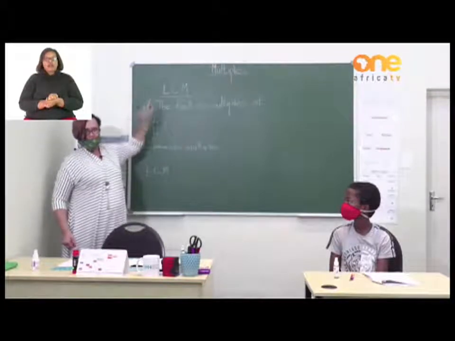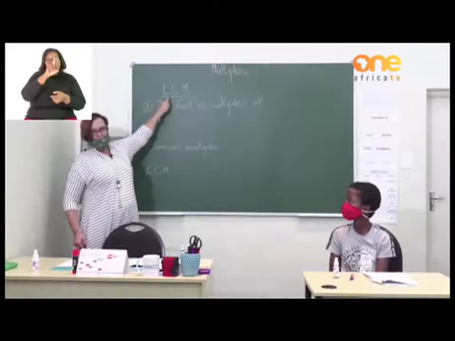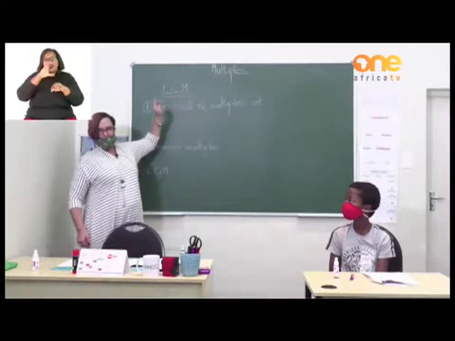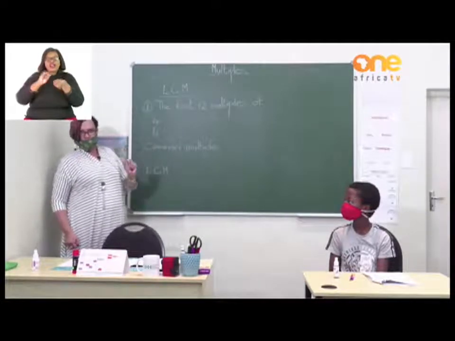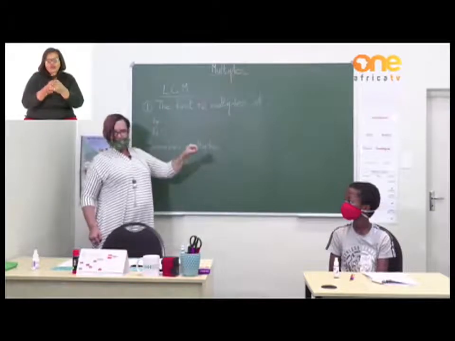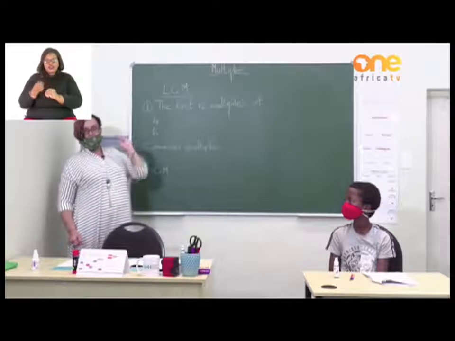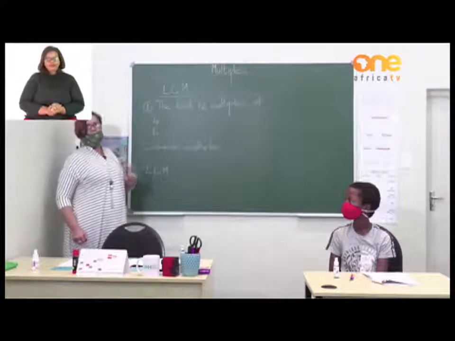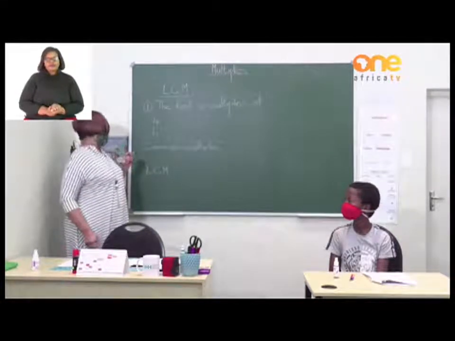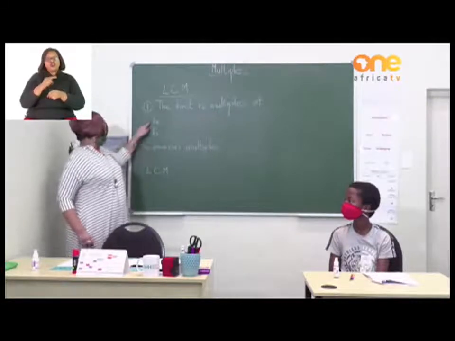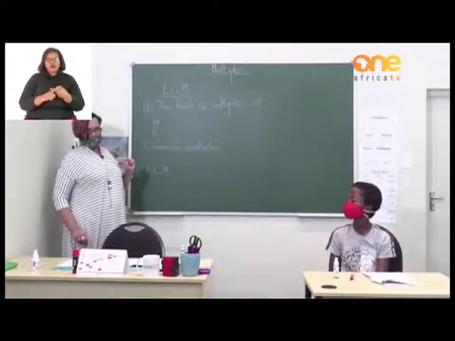Let's revise quickly. Lowest, meaning the smallest number. Common, the numbers that we find in both multiples. And a multiple is the answer we get when you multiply a number by another whole number. Now, the first 12 multiples of 4 and 6.